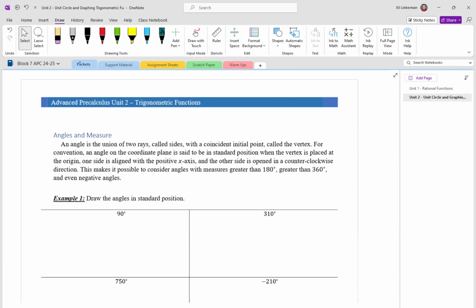Okay, so the ingredients of any angle are two rays with a common initial point. Rays all have an endpoint, so they have a common endpoint, which is kind of strange because it's where they begin.